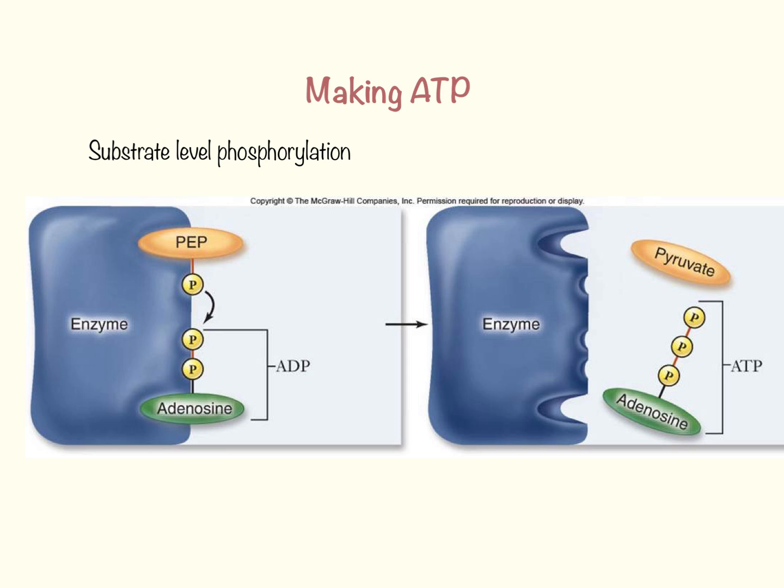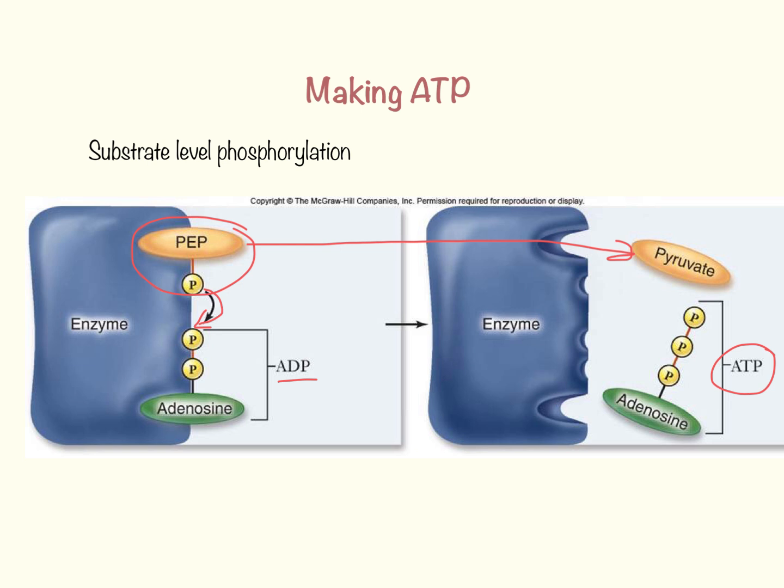In this image, you can see the enzyme in the pathway takes one of the substrates, rips the phosphate off, and attaches it to ADP, making it ATP. This illustrates a step in this process that we're going to see shortly, where the organic substrate PEP becomes pyruvate or pyruvic acid.